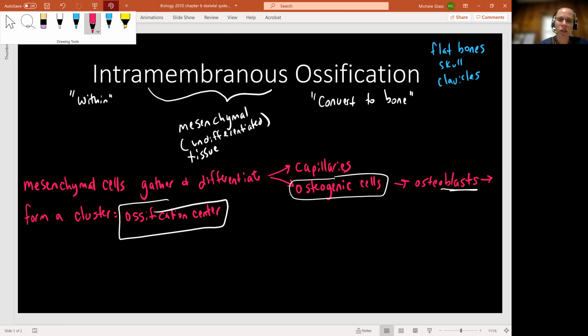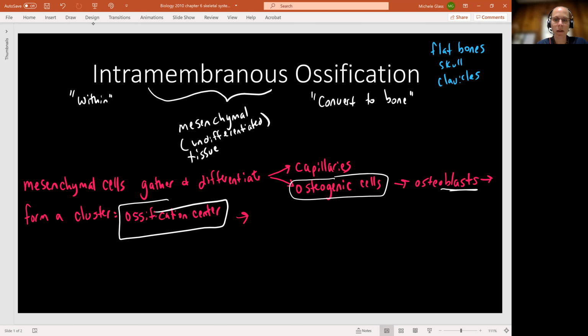At the ossification center, we see that the osteoblasts are going to secrete osteoid. Osteoid, remember, is that beginning bony matrix. So it's the secretion of collagen fibers. It's that beginning laying down the hydroxyapatite crystals. So osteoid is a precursor to bone.